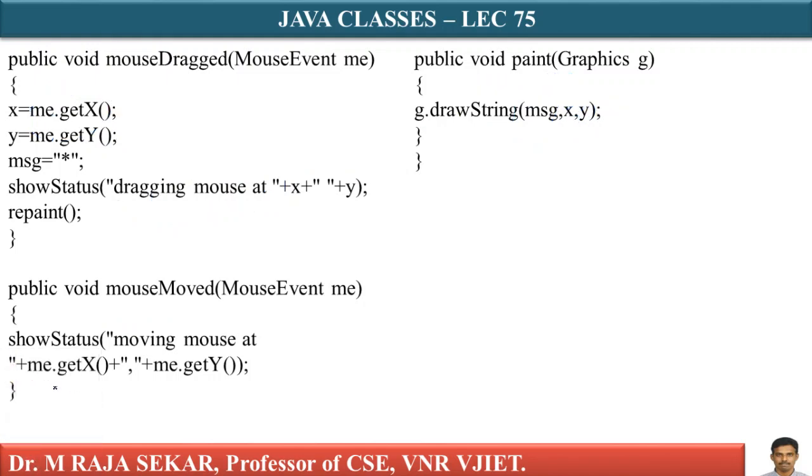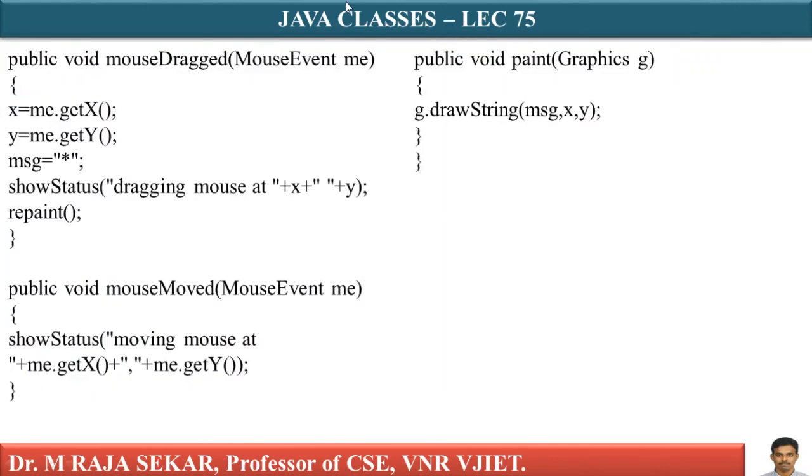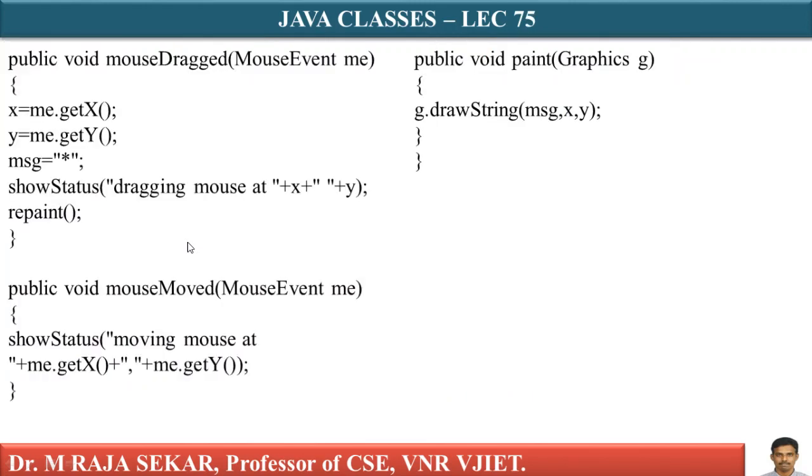We will try to demonstrate this program so that you can understand. Just see its output screen. Mouse entered, mouse exited. Mouse moving at 216 comma 182. It's capturing position. There is a method known as getX, getY. With the help of getX, getY, I can get X and Y coordinate.